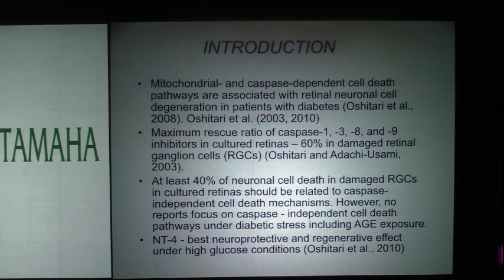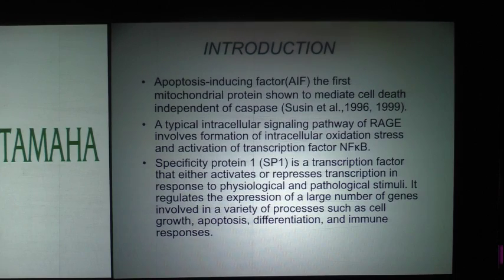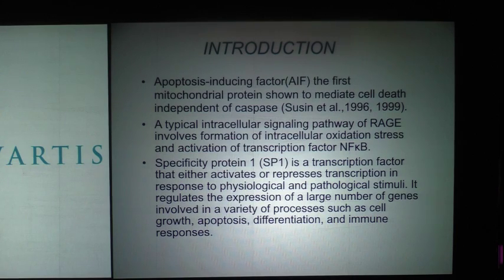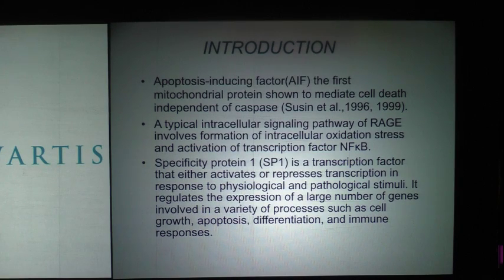Also, as presented before, neurotrophin 4 has been shown to have the best neuroprotective and regenerative effect under high glucose condition. So apoptosis-inducing factor is the first mitochondrial protein known to work independently of caspase. And specificity protein 1 is the transcription factor which regulates different processes in the cell, such as apoptosis, differentiation, or immune responses.